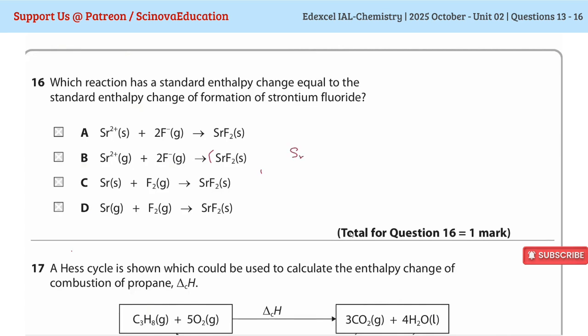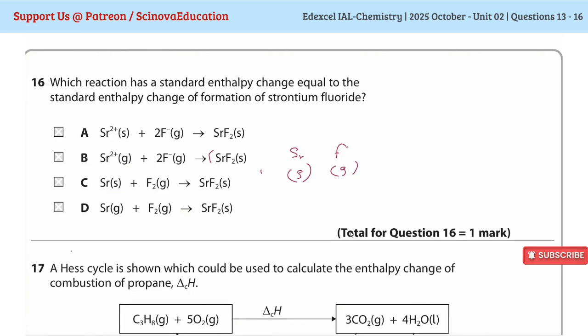Strontium fluoride is made of strontium and fluorine. Fluorine is stable in its gaseous form. Strontium is in solid form. Now, all these four reactions end up with 1 mole of strontium fluoride in solid state. Therefore, we can't go by the products. We have to stick to the reactants.